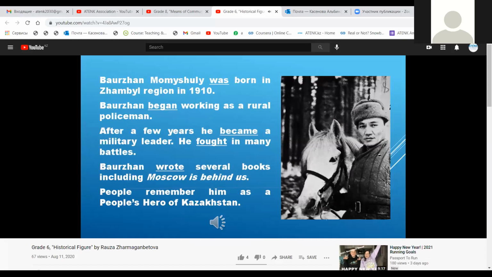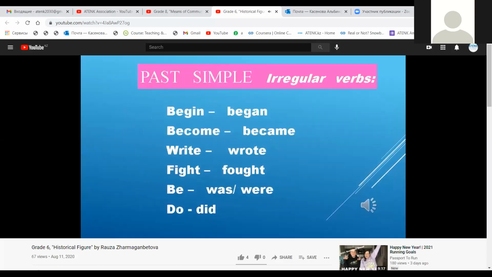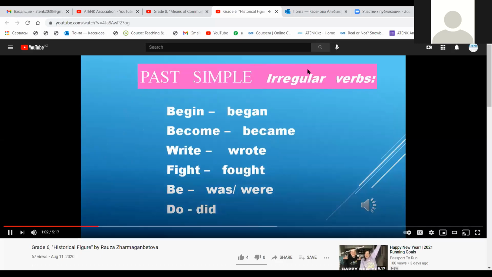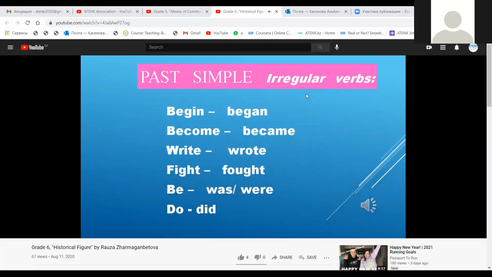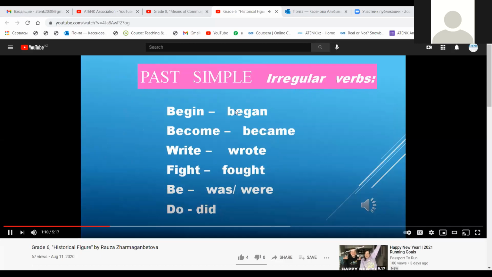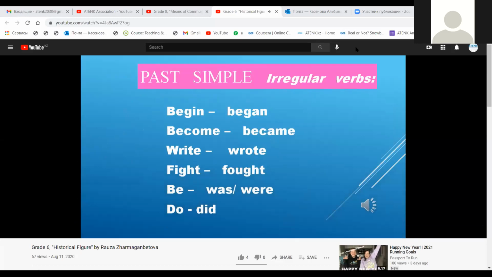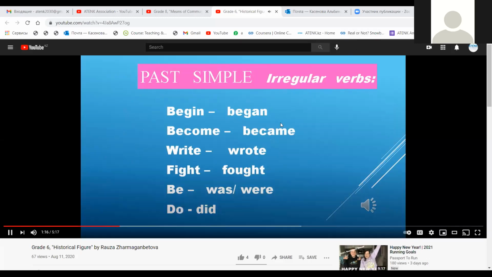Бауыржан wrote several books, including Moscow is Behind Us. People remember him as a people's hero of Kazakhstan. The underlined verbs in the text are irregular verbs. They are in the past simple tense. You see the second forms. You can find the second forms in the table of irregular verbs.